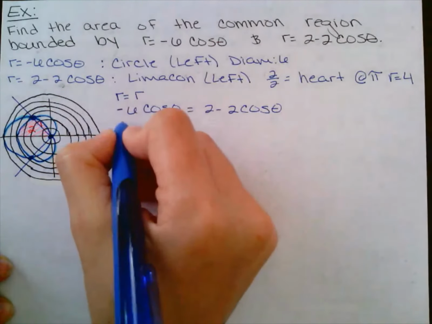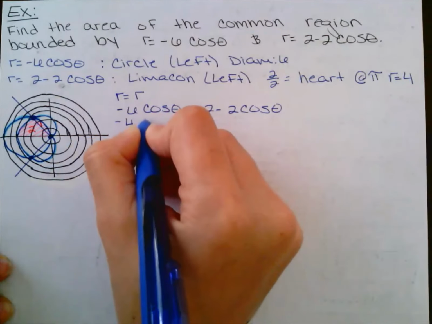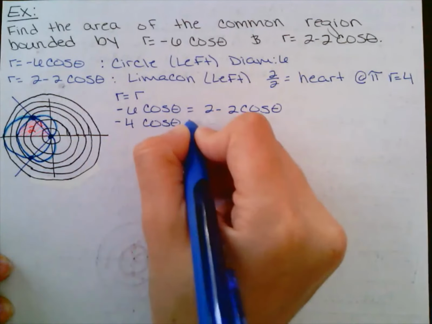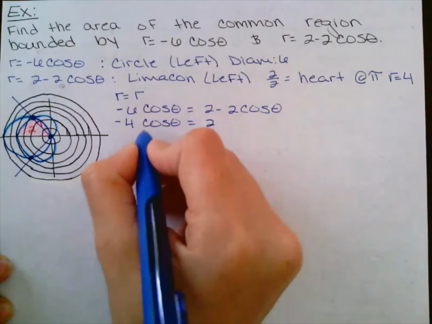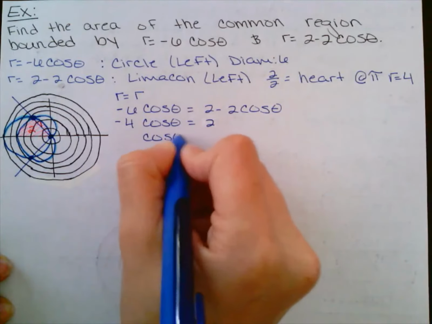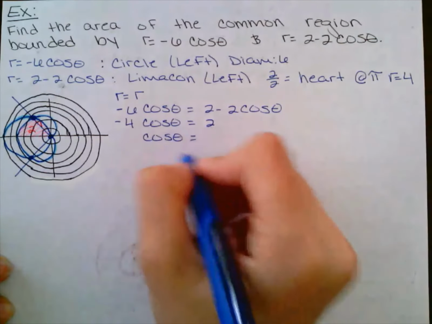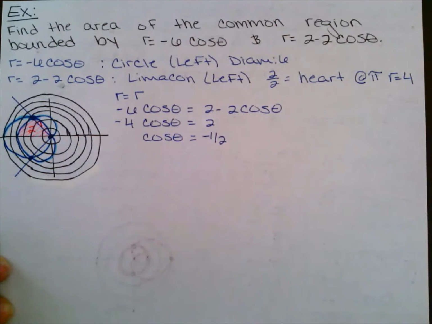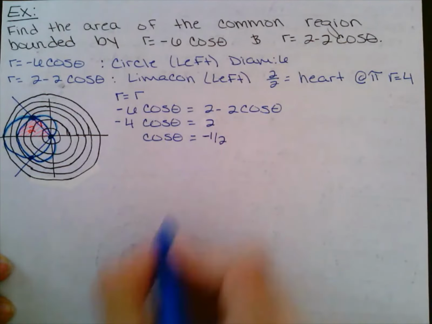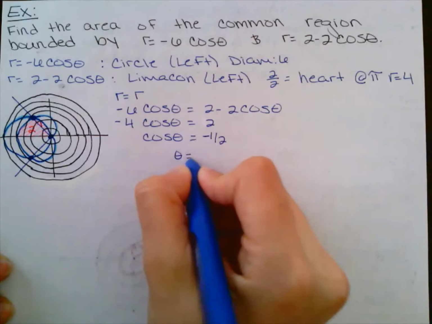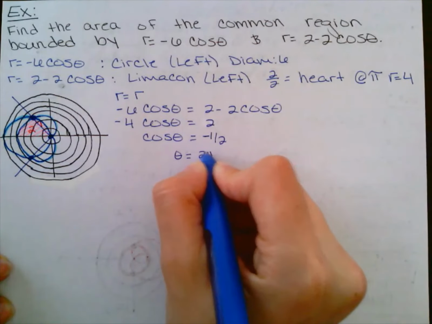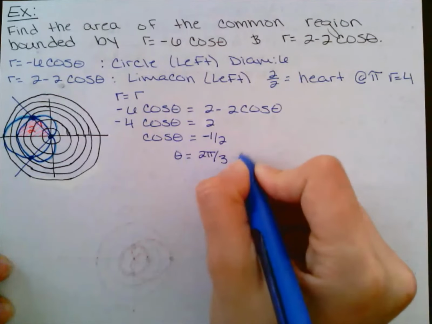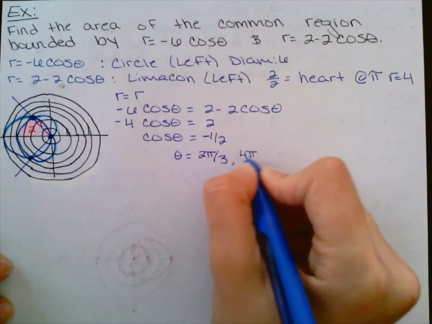If I add 2, I end up with -4 cosine of theta equals 2. Divide by 4. So 2 divided by -4 gives me -1/2. So now the question is, when does cosine equal -1/2? Well, that happens when theta is 2 pi over 3 and at 4 pi over 3.